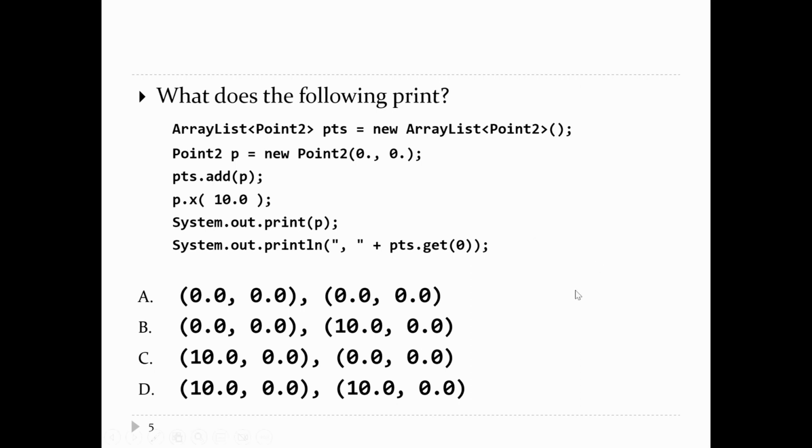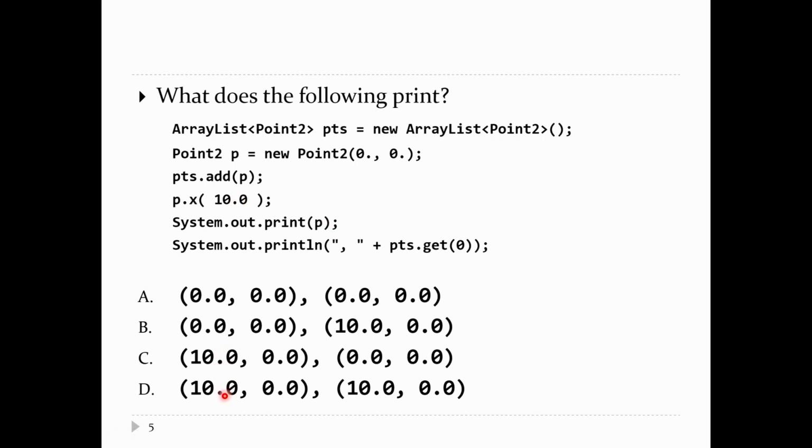All right, so having just told you that, let's look at the following example. Points is a list of points. I'm going to make a point P. Its coordinates will be 0 and 0. I'm going to add P to that list there. And then I'm going to change the x coordinate of P to 10. So if you print out P, you should get 10 and 0.